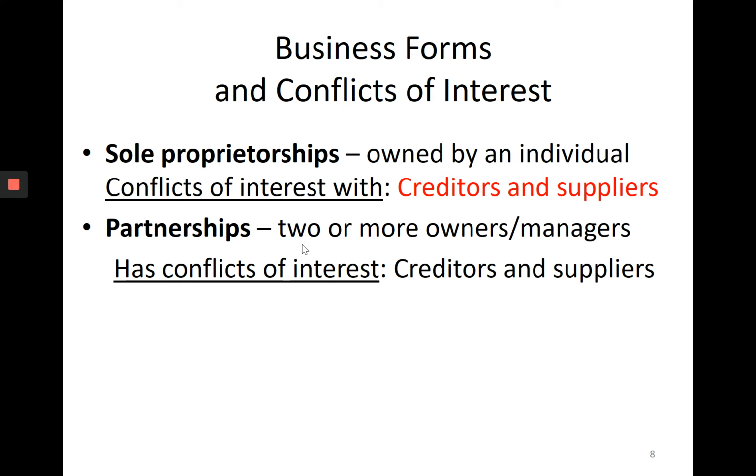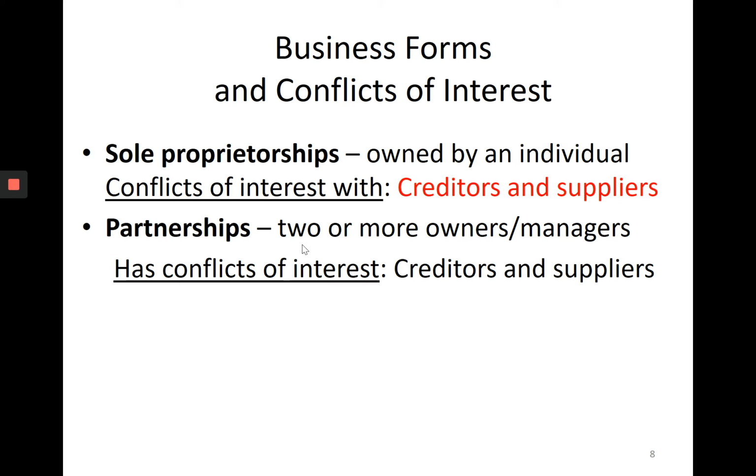In a sole proprietorship, an individual owner owns the firm and provides capital to it and runs it, controls it. In other words, the key concept here is that there is no separation between control and ownership. Control and ownership is in the hands of one individual.